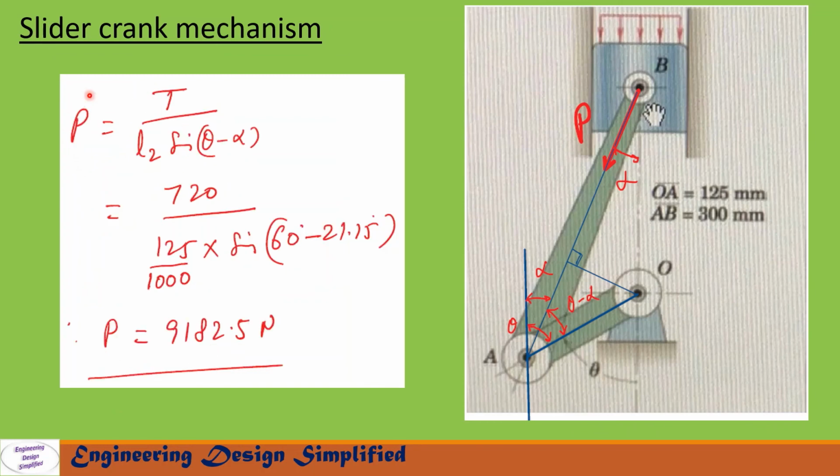Now using this expression P equal to T by L2 sine of theta minus alpha, let us substitute all the values and simplify. So we get P, the force due to the gas pressure on this piston along this coupler link, P equal to 9182.5 Newton. So this is the answer.